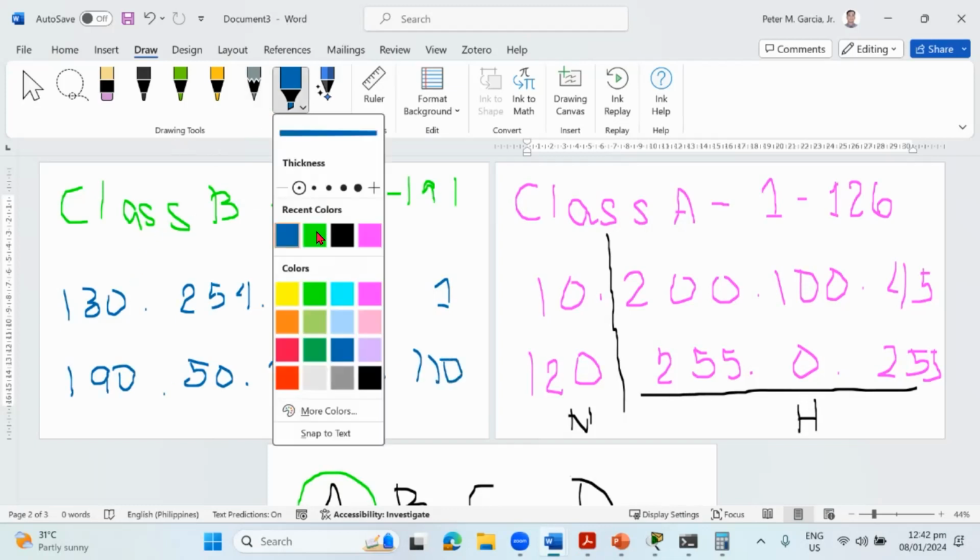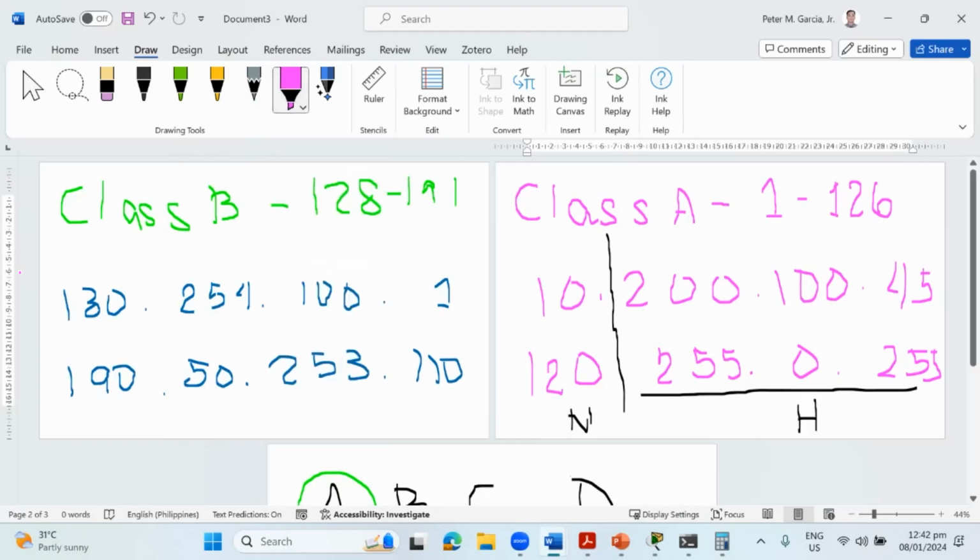Basta lagi, tatandaan yung starting number kung saan nagsisimula. Yung unang number, yun ang i-determine nyo kung anong klase siya. Kung IP address mo nagsisimula sa 128 to 191, automatically class B.